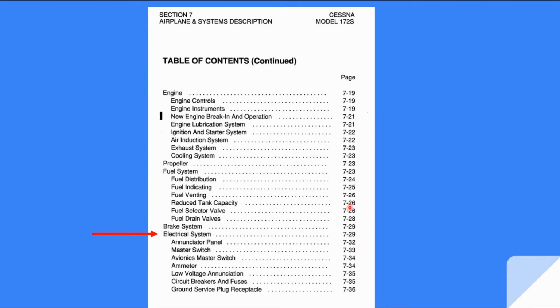Within the table of contents there, you will then find for the electrical systems some chapters where you could maybe write out a few pages, just some essential knowledge that you think really might be on the test. Your CFI will help you out with that.